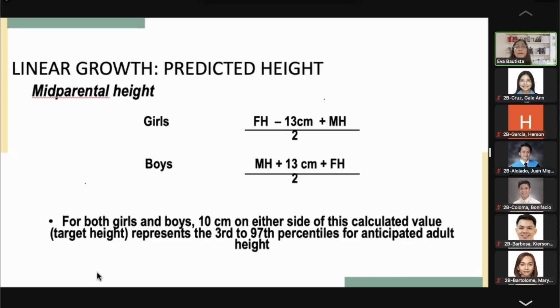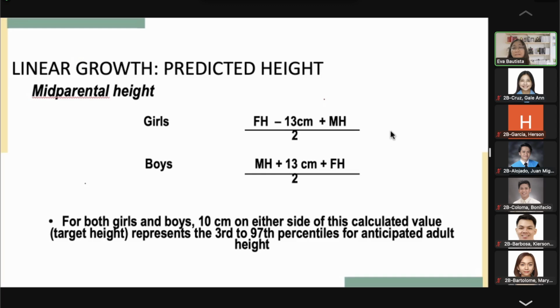Now for the predicted height or the mid-parental height, we have a fixed formula. For both girls and boys, 10 centimeters on either side of this calculated value represents the 3rd and the 97th percentile. So whatever value you get here, you add 10 and subtract 10. That's like the standard deviation.